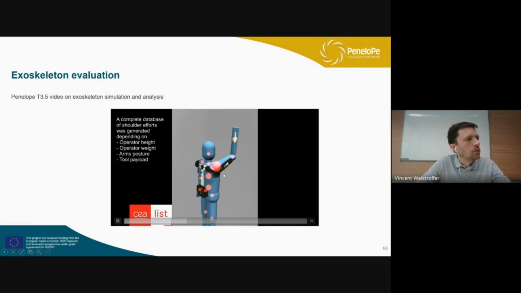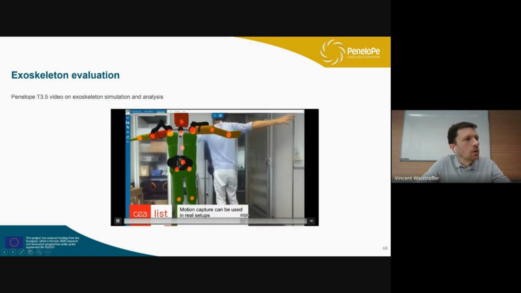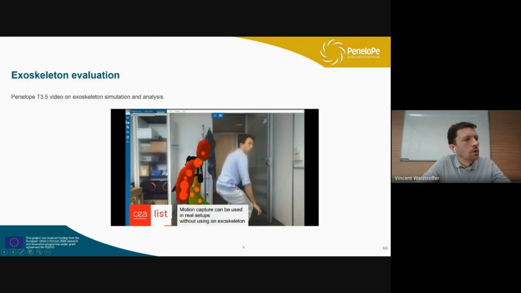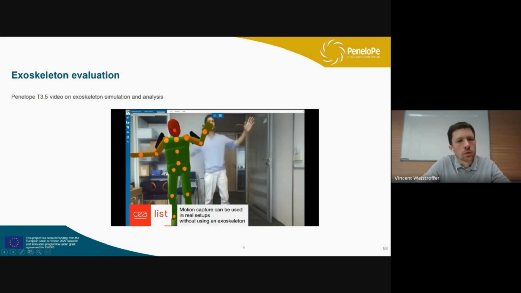We have generated some tables also to give some recommendations about what assistance level we should give depending on the operator height and weight, the arm's posture, the tool payload. And here are some videos about live motion capture with the exoskeleton simulation.